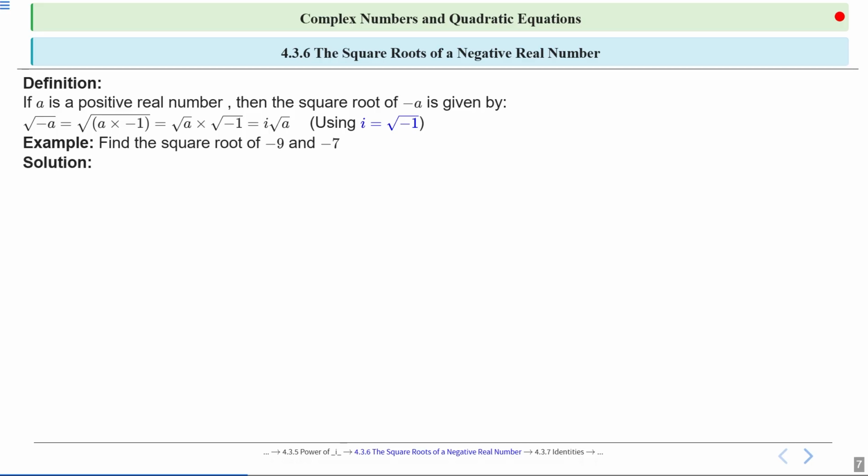So let's look at the solution. First, square root of minus 9 equals square root of 9 times minus 1, equals square root of 9 times square root of minus 1. Using here iota equals square root of minus 1, this will give us square root of minus 9 equals 3 times iota.